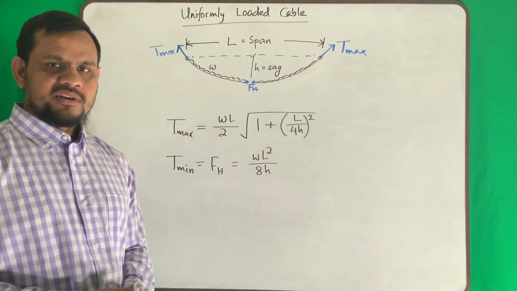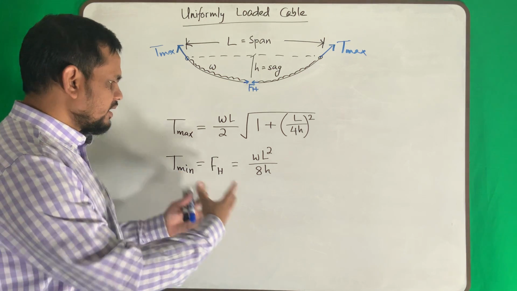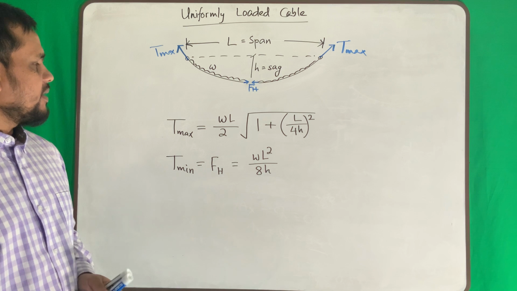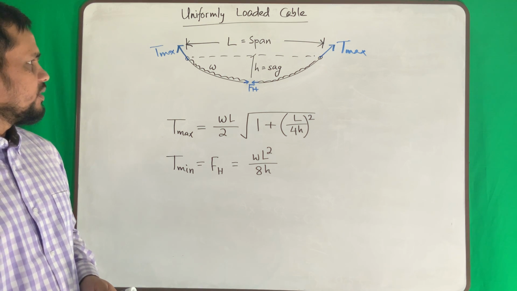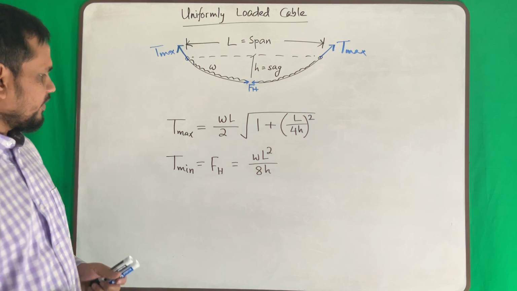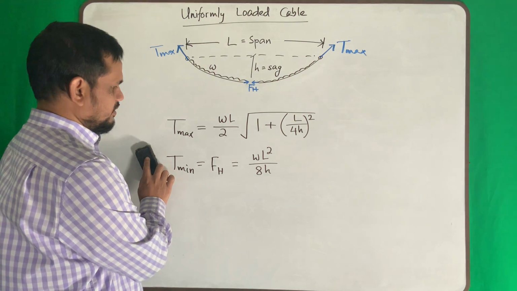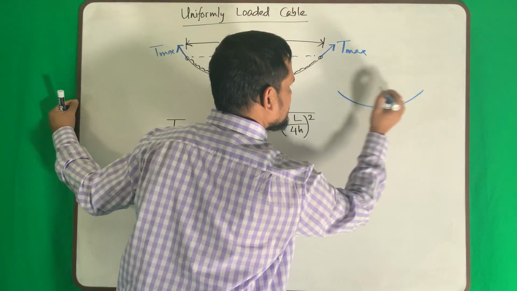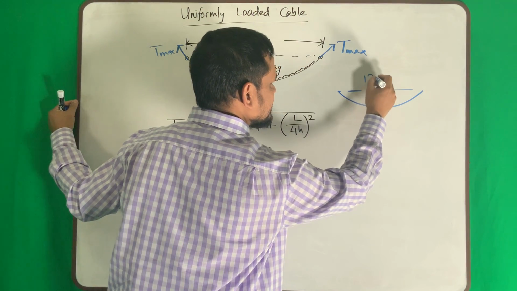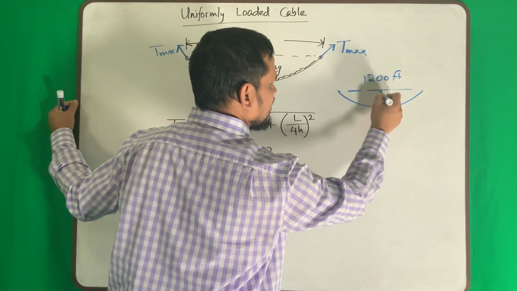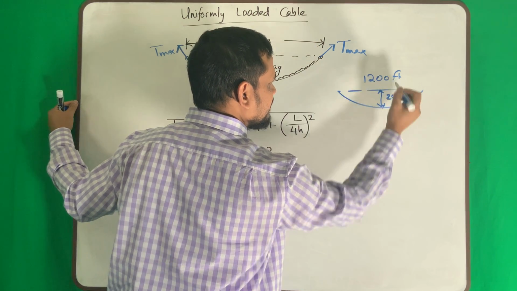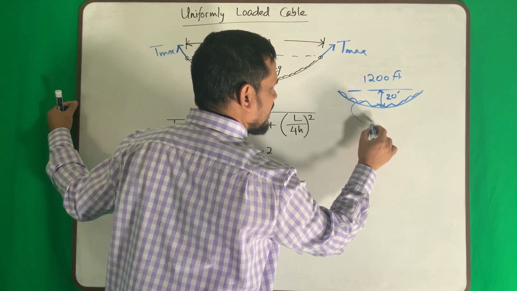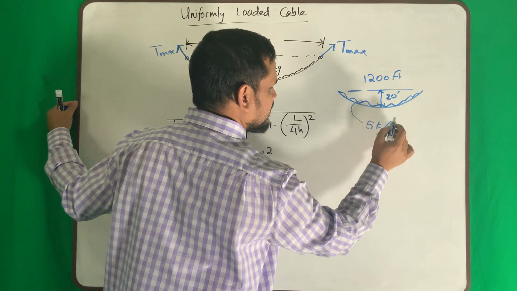In this video I am not deriving, I am just using the handy equation. If you want to see an example, say there is a cable of 1200 feet span, the maximum sag is 20 feet, and the load is 5 kip per feet.